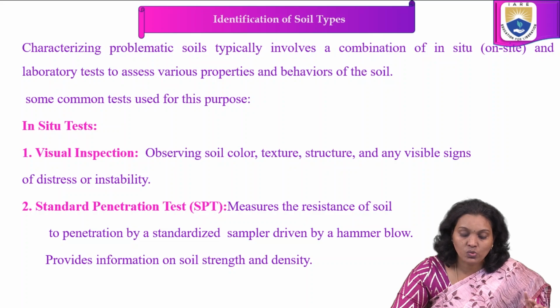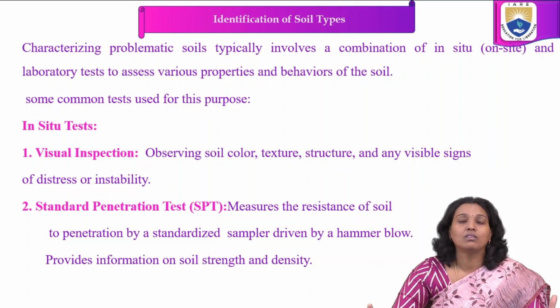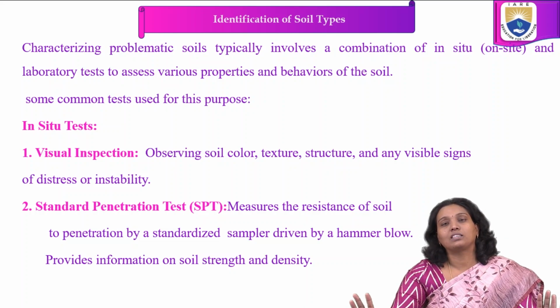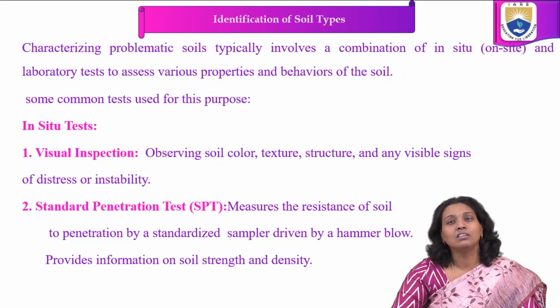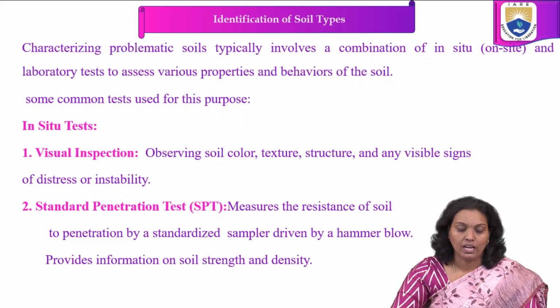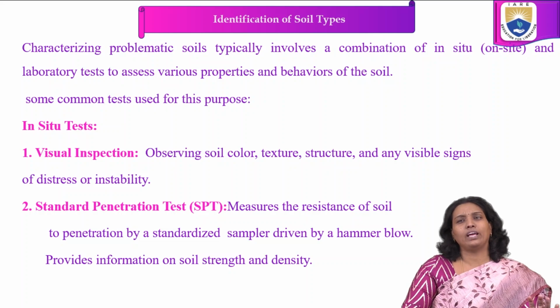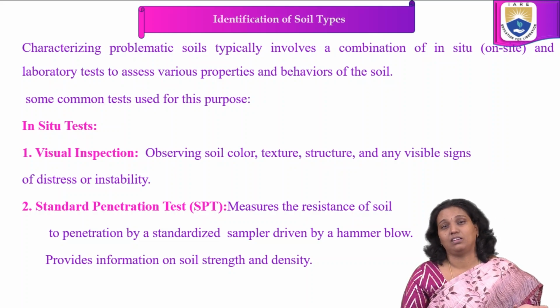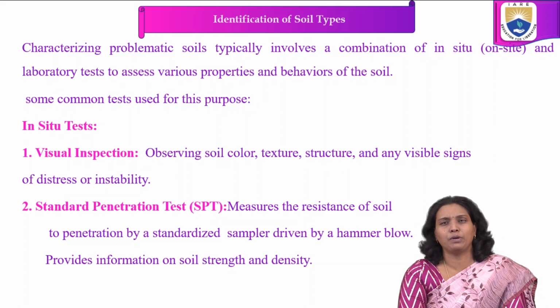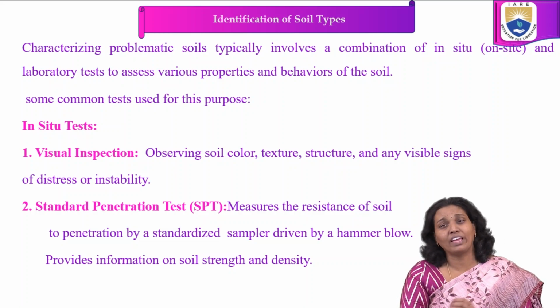Based on the physical appearance of the soil, we understand the type of soil. We identify it based on visual inspection, and it plays a crucial role. Once we understand which category it belongs to, we look in depth at the variations.